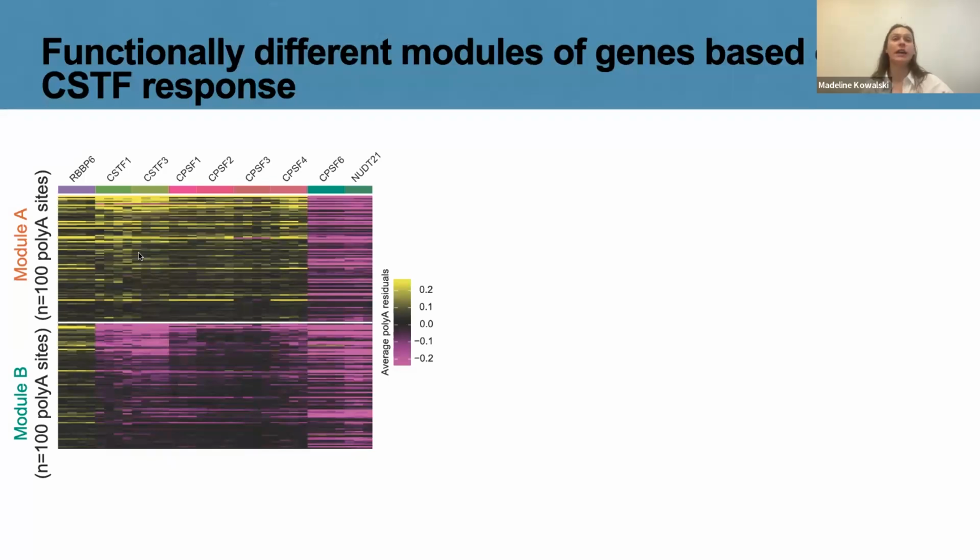What was really interesting is that we found a subset of genes that we call module A, where CPSF and cleavage factor 1 had opposite effects, but we also identified another set of genes that we call module B, where cleavage factor 1 and CSTF had the same effect.